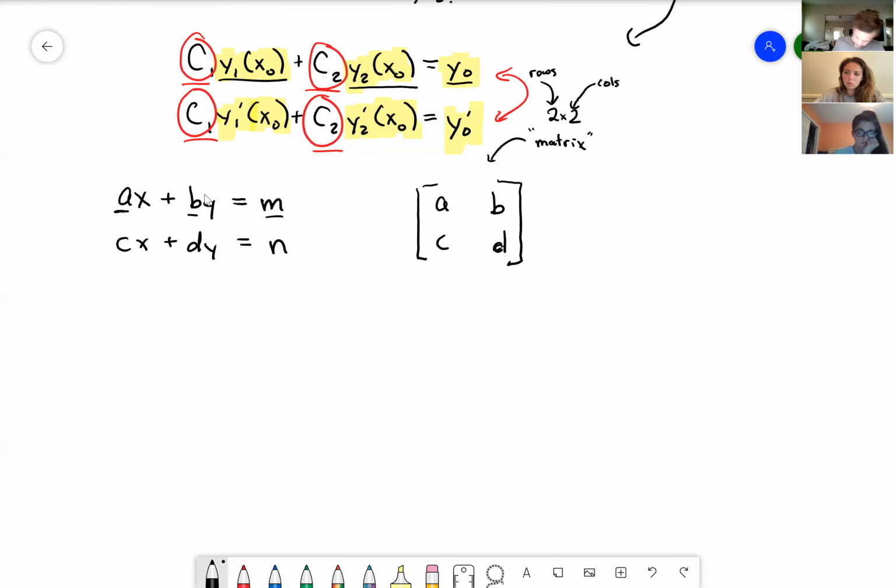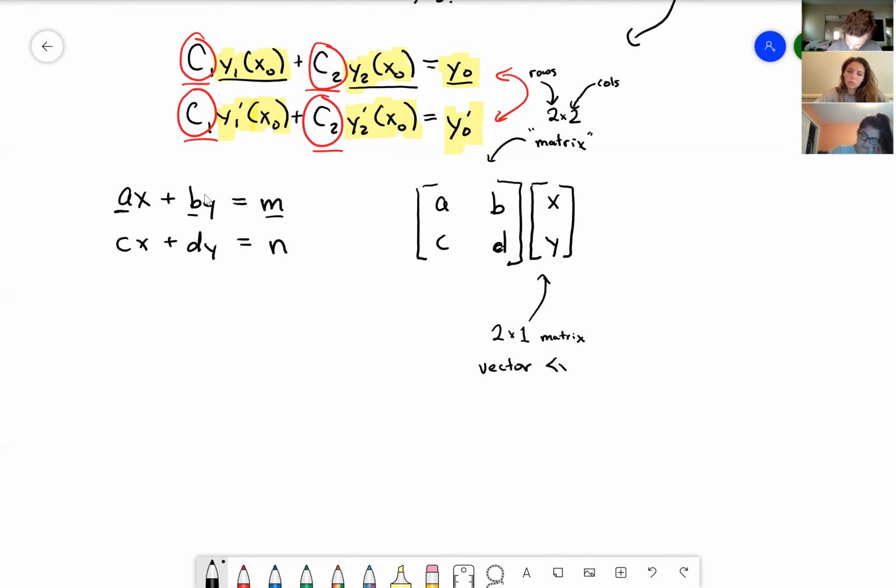And then we collect together the variables on the left-hand side, and we write them as a column. So we can think of this thing as a 2 by 1 matrix. We also simultaneously think of this thing as a vector. You'll remember this from, for example, Calc 3.